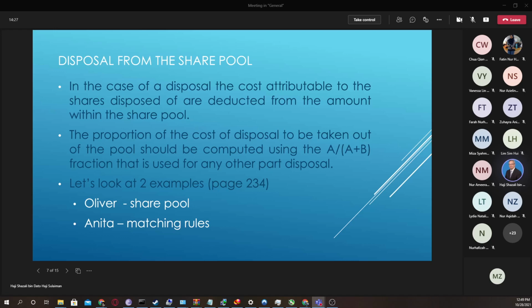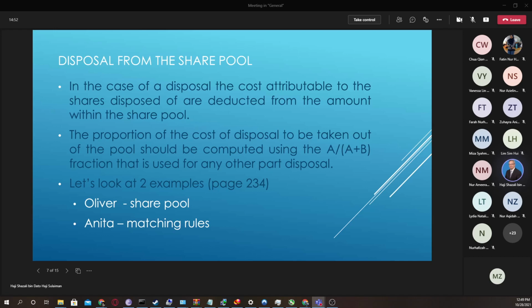You have the number of shares acquired, 1,000, 2,500, total of 3,500. What's the cost? You add up the cost, 9,500. Disposal, the balance is 3,100. We've already taken account of 900 shares, so the balance in the pool is 400, with a cost of 1,086. So go back to the workings.